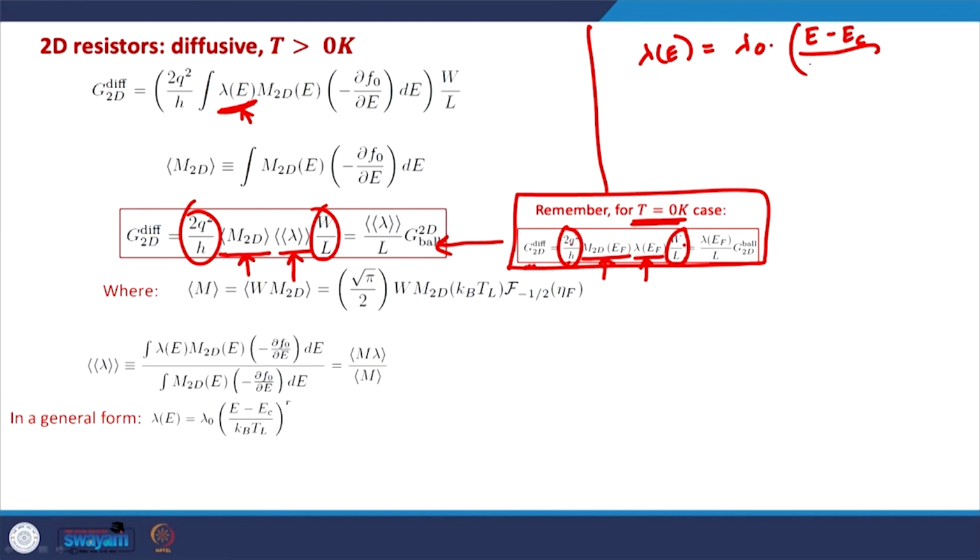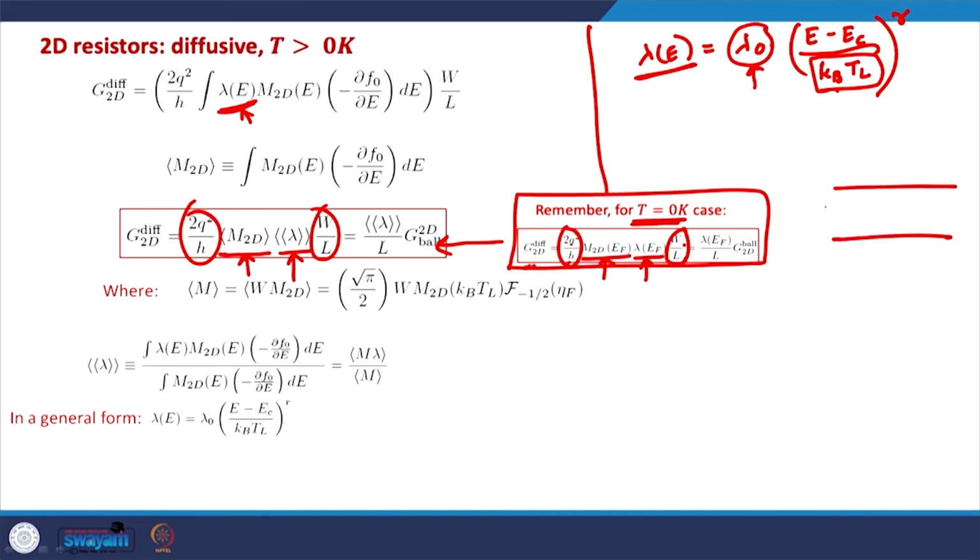It depends on the electron energy above the bottom of the conduction band, and there is an exponent r in this equation. There is a constant lambda naught, which is not really constant per se; it is independent of energy, but it depends on the temperature. Here Kb is the Boltzmann constant and TL is the lattice temperature. So the scattering essentially depends on the difference between the electron energy and the bottom of the conduction band.